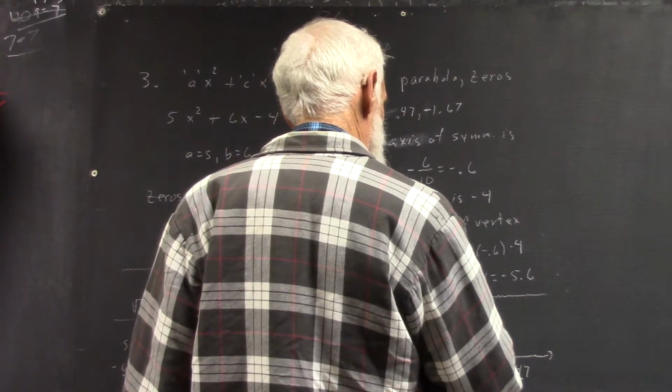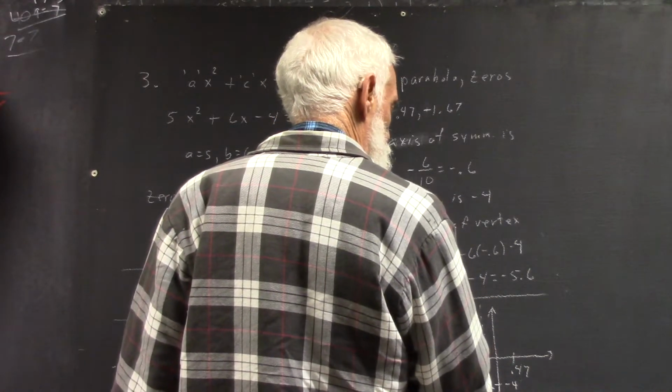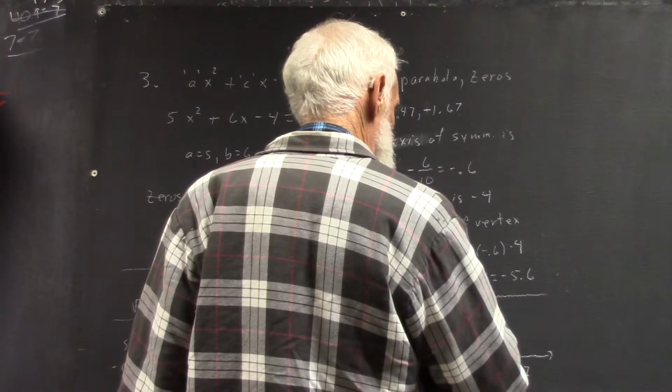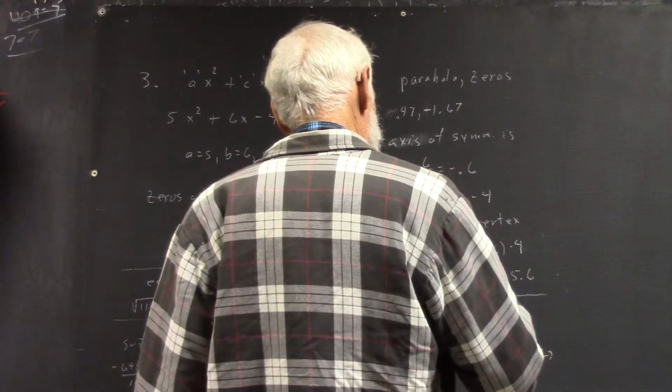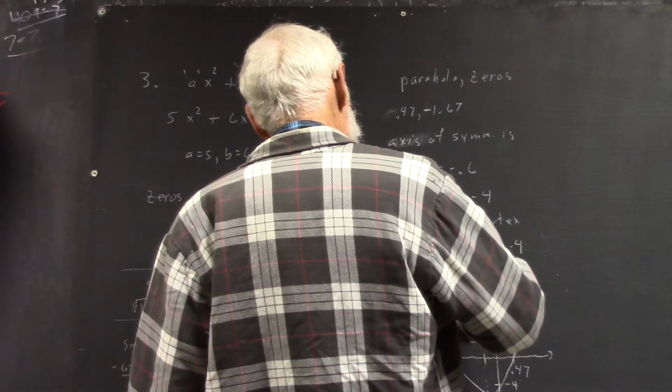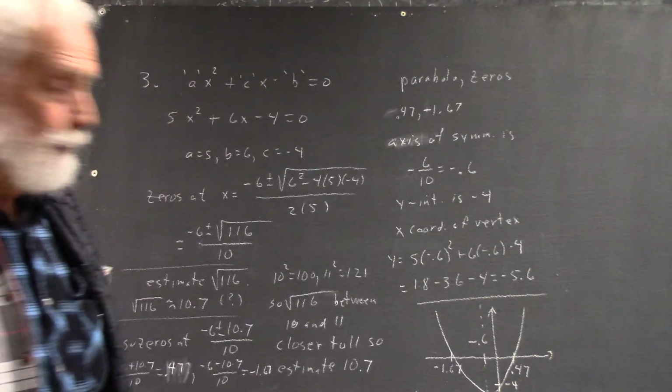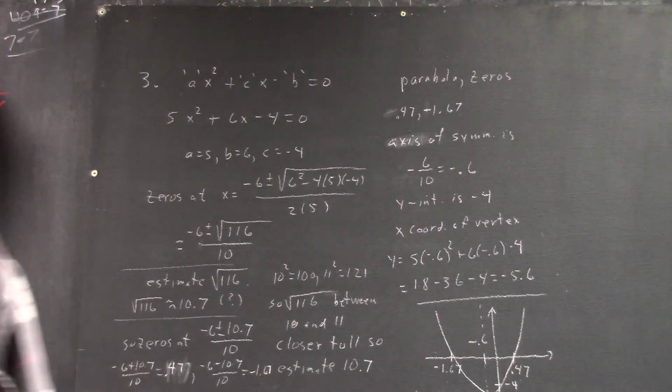So there's your vertex. So you're going to go through this point, and this point, and this point. And you're going to come around here and go through this, and there's a pretty good parabola.